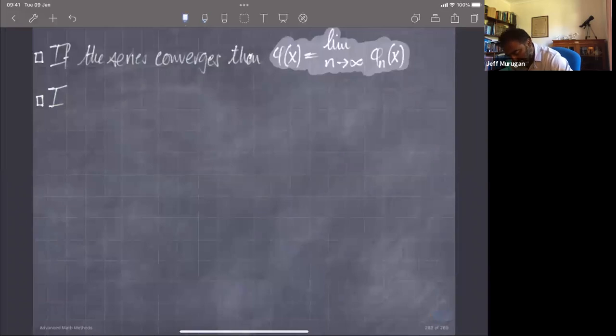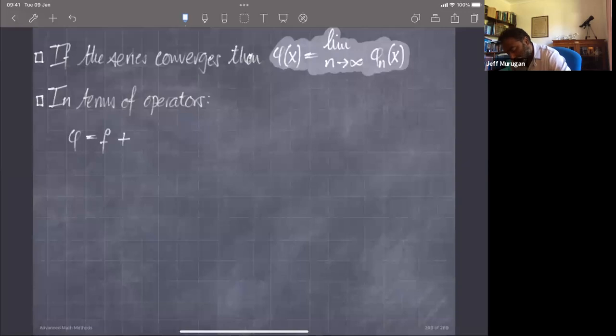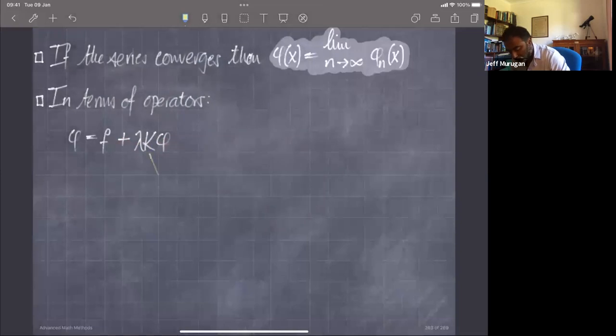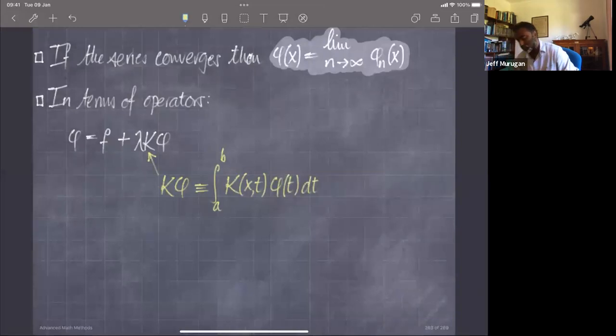So in operator language, our integral equation looks like phi equal to f plus lambda k phi, where k phi here is shorthand for the integral from a to b of k of x, t, phi of t dt.